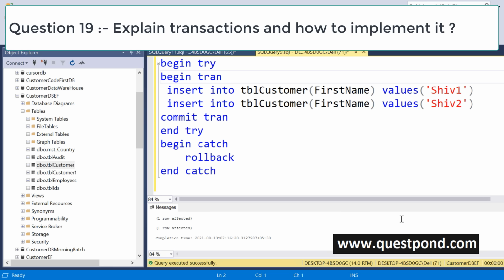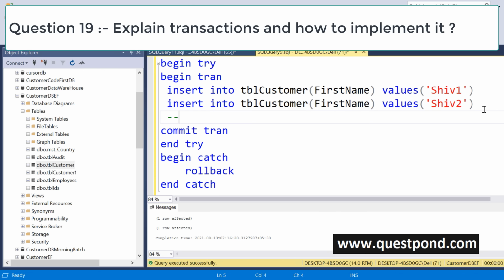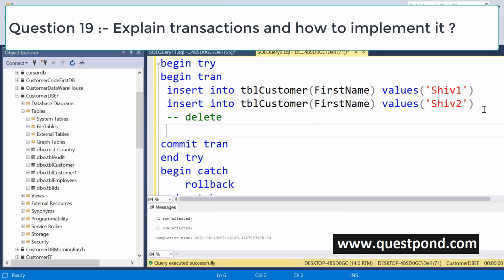What exactly is a transaction and how can we implement the same in SQL Server? Transaction helps us to treat a series of activities as one logical unit, right? So for example, you can see here, I'm inserting into TBL customer, Shiv1, Shiv2, and probably I can do some more activities here like delete, or an update, or something else.